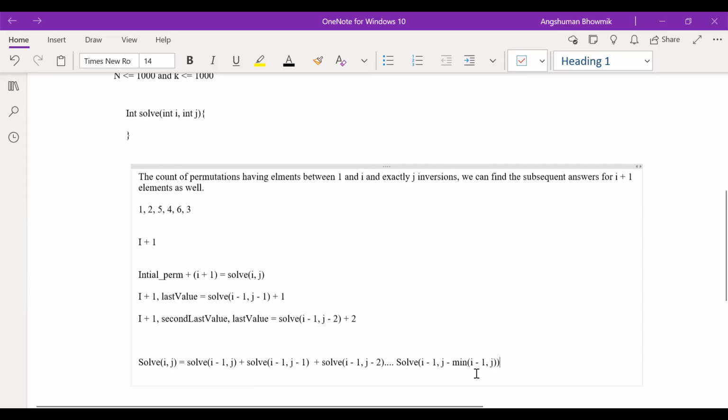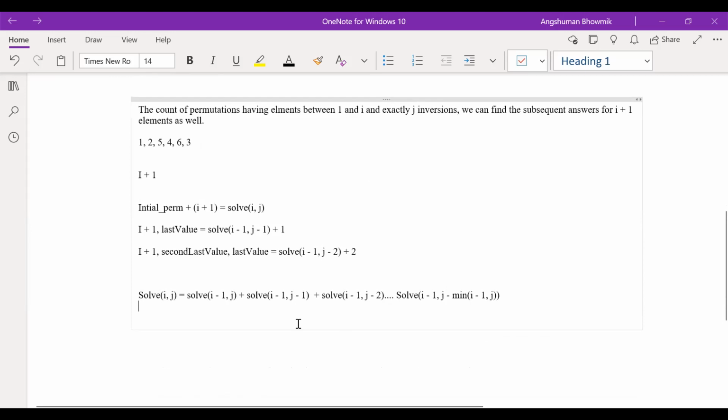This is the recurrence relation involved. So why do we take this minimum of I minus 1 and j? Because if we exceed it, it might happen that we get a negative index here. That won't give a valid answer. So we always consider those values to be 0 and don't consider them in our answers. So this is the recurrence relation involved.